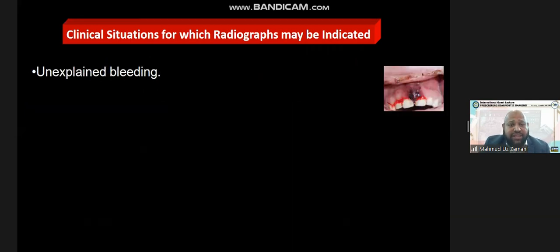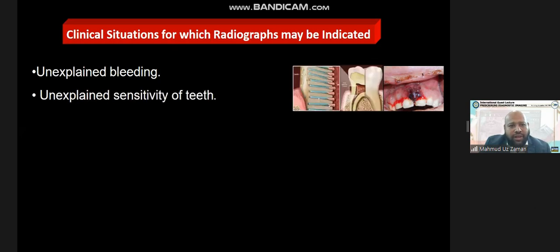There is sometimes unexpected, unexplained bleeding. So you need to see what is hidden behind this, what is the cause behind this bleeding. So you will go for radiograph. Sensitivity of the tooth, unexplained. Sometimes there is resorption, or there is abrasion or erosion. So you will go for radiographs.